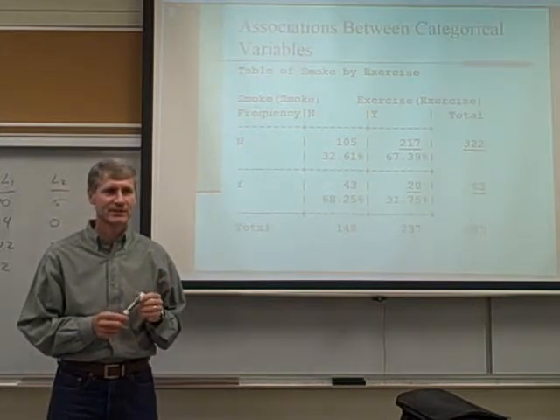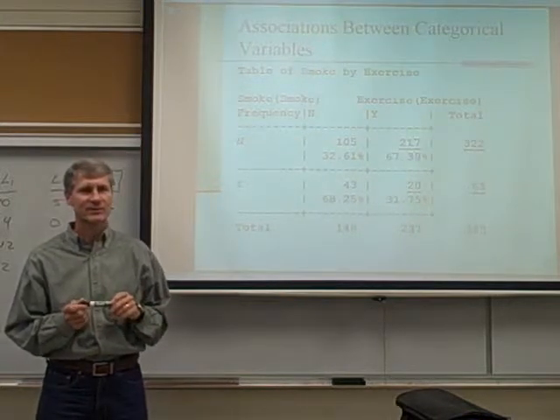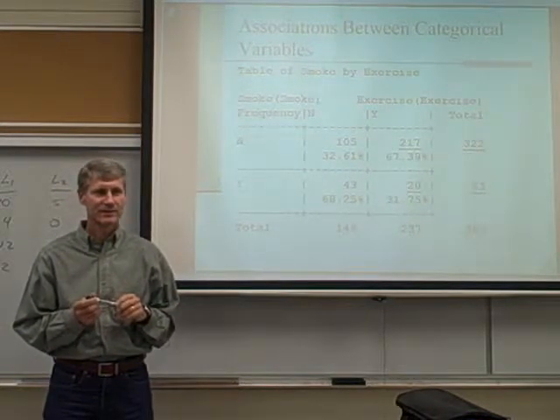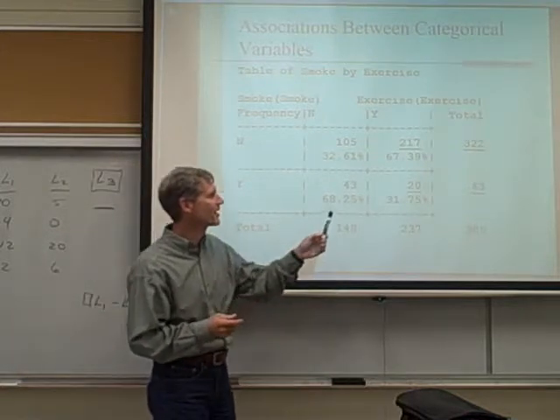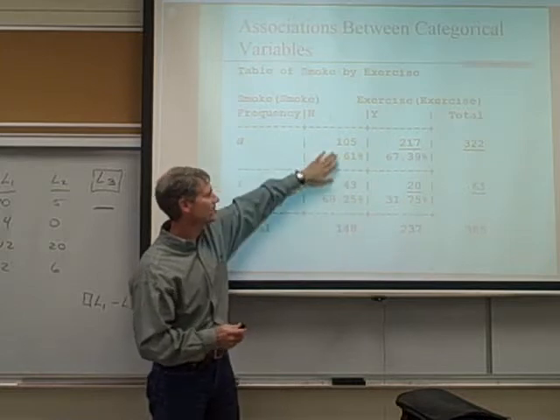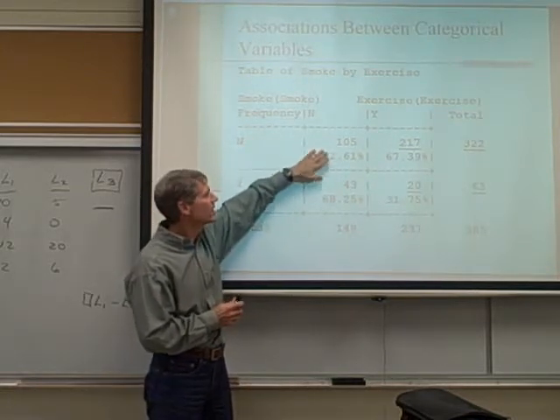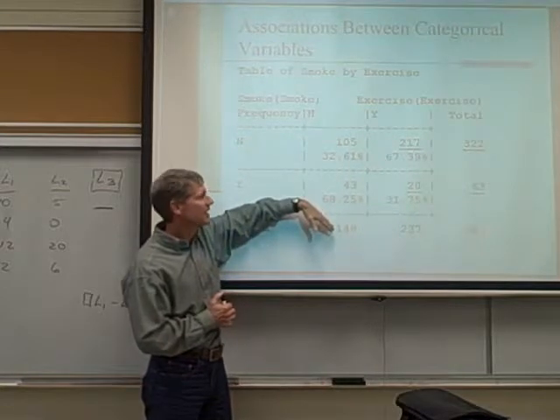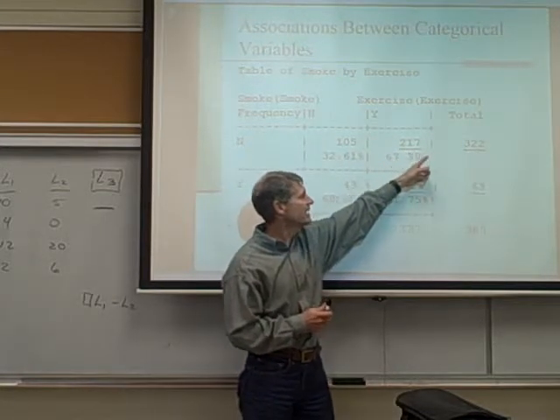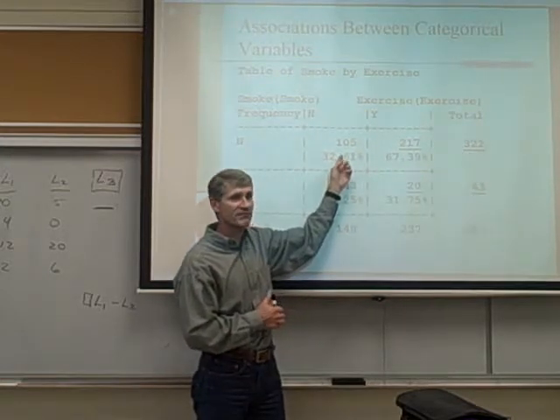What's x1? 217. What's n1? 322. So I've underlined the numbers you need, right? What about this column? Where do I use those? Well, I don't. I can ignore it. That's redundant information. If I know that 217 out of 322 were successes, then there had to be 105 failures.